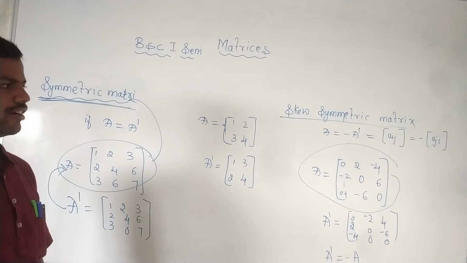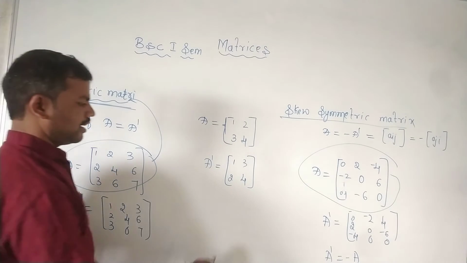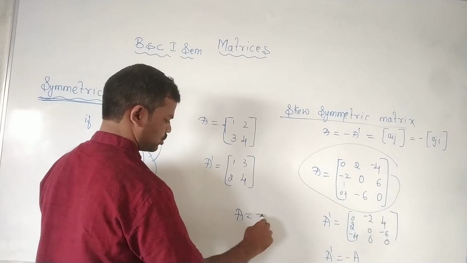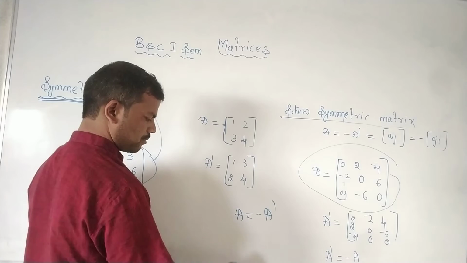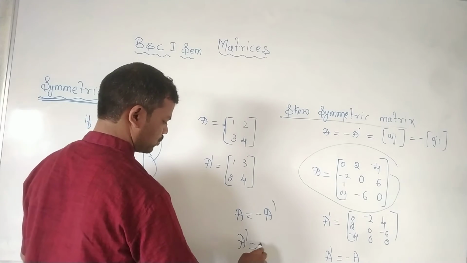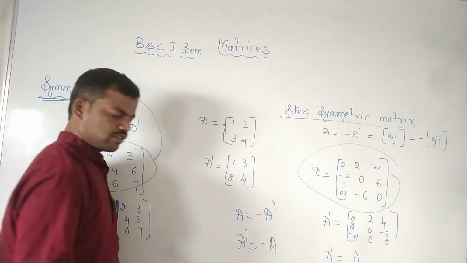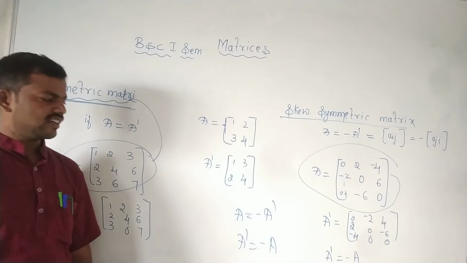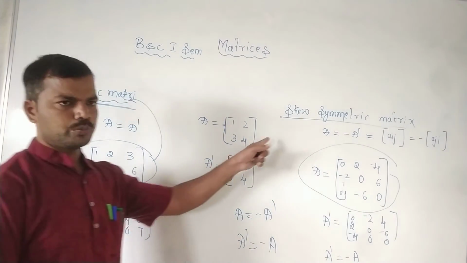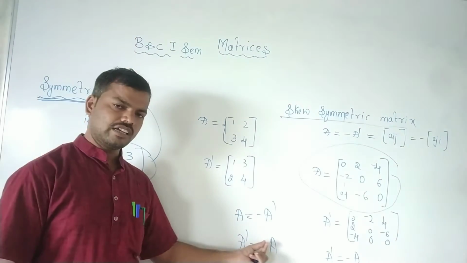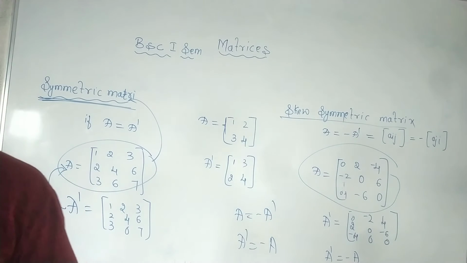So when A transpose equals minus A, a square matrix is said to be skew symmetric.